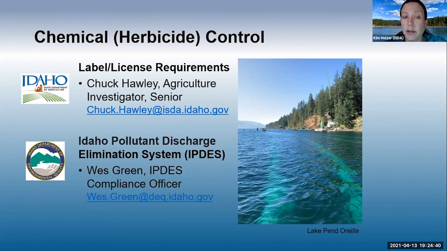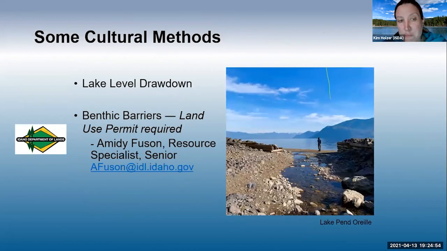Wes Green with Idaho Department of Environmental Quality can field questions related to permitting, the Idaho pesticide discharge elimination system permits. And then the last contact I wanted to share was Amity at Idaho Department of Lands, who can help with the permitting process regarding benthic barriers.